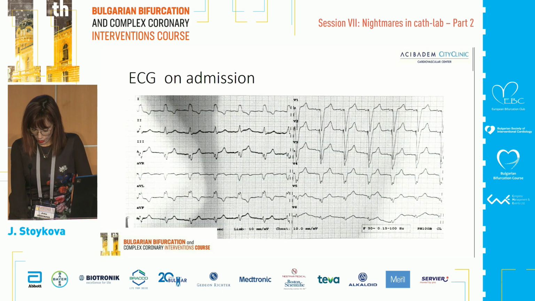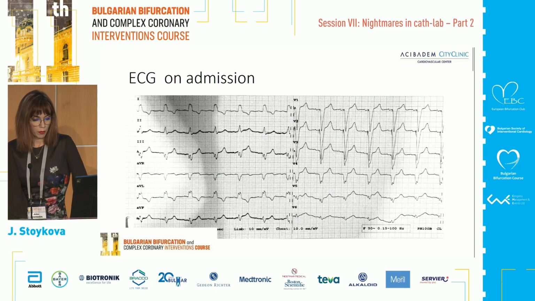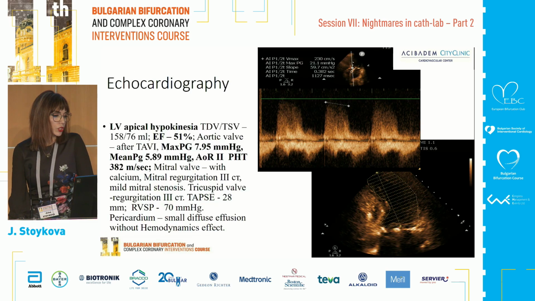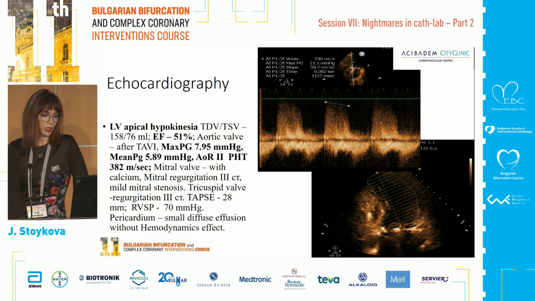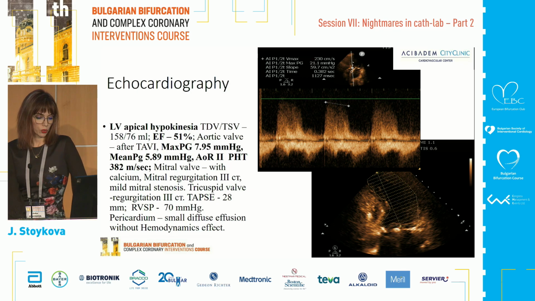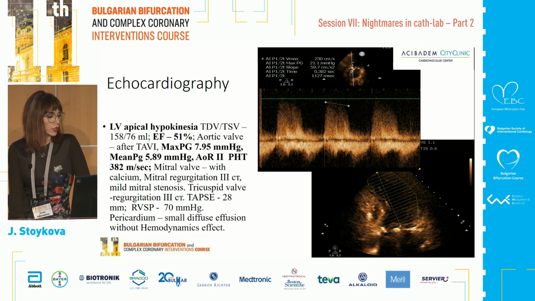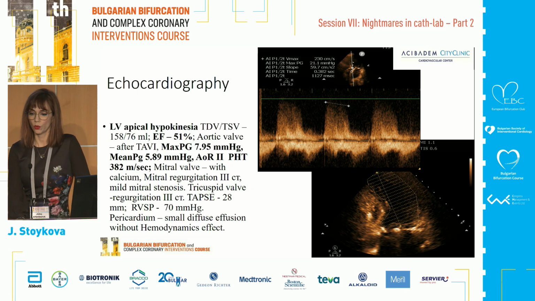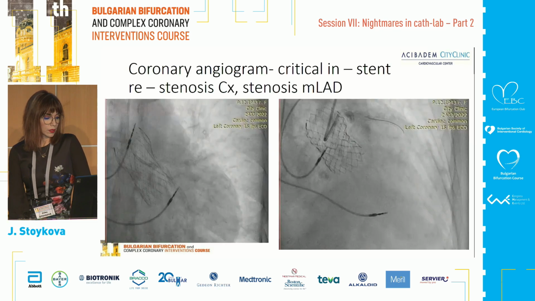The ECG is paced from the pacemaker implanted post-procedurally after the TAVI implantation, and the echo shows good functionality of the TAVI valve with moderate aortic regurgitation, severe mitral regurgitation, elevated pulmonary pressure, and an ejection fraction of 51, which is, let's say, low in mitral disease.